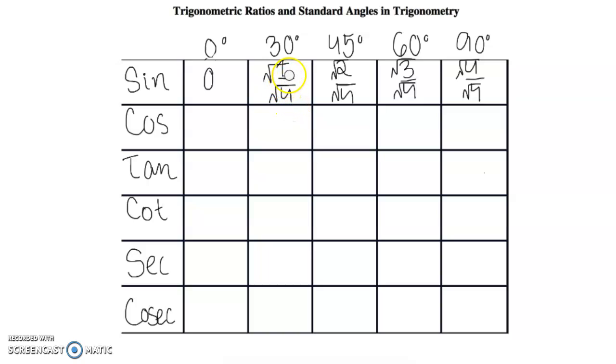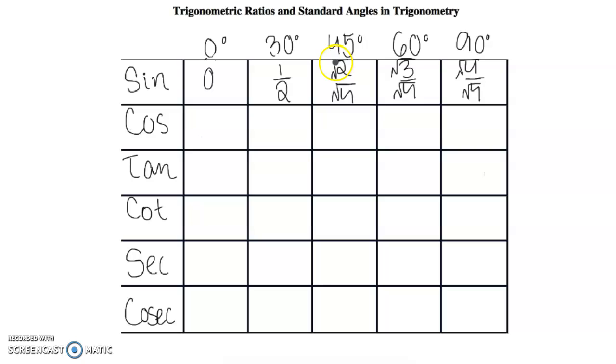For root 1 over root 4, we know that root 1 is equal to 1 and root 4 is equal to 2. Therefore, our answer for sin 30 theta is going to equal 1 over 2.